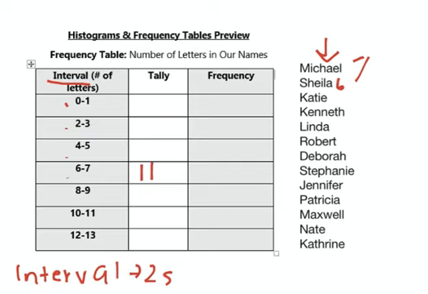Okay, then if I take a look at Katie, Katie has 1, 2, 3, 4, 5 letters. So then I'm going to go to the 4 to 5 interval and give 4 to 5 a tally. Okay, I want you to continue doing this with each of the names until you have all the tallies complete. You probably want to go ahead and pause the video now so that you can do this uninterrupted.